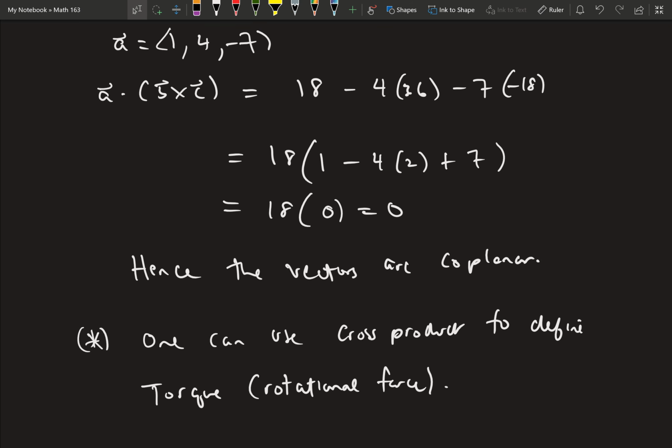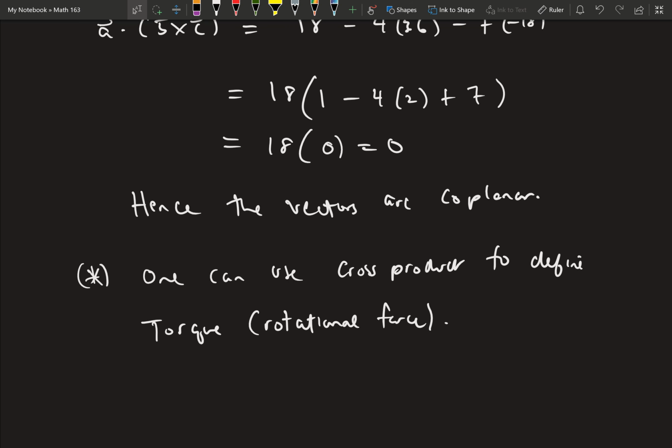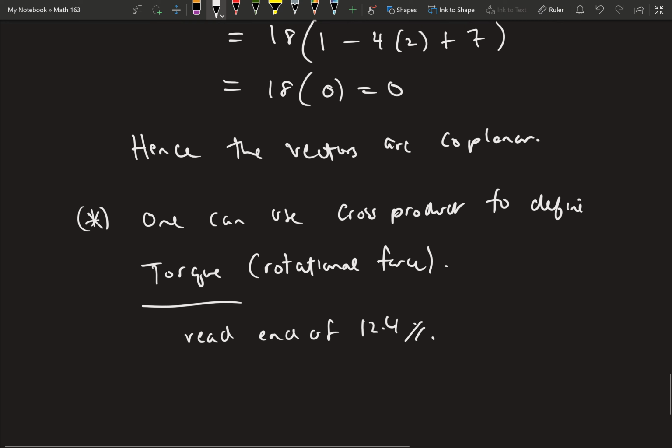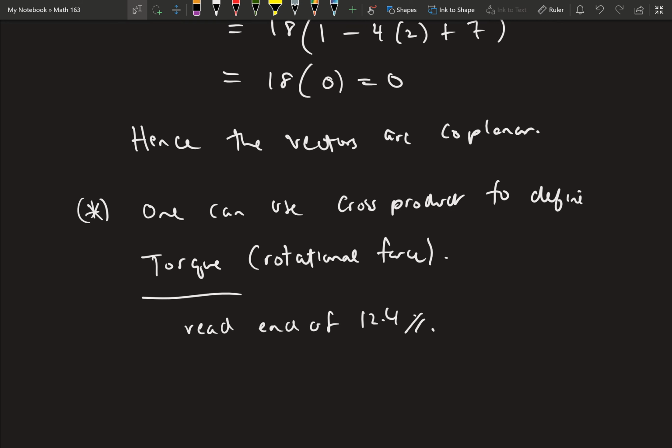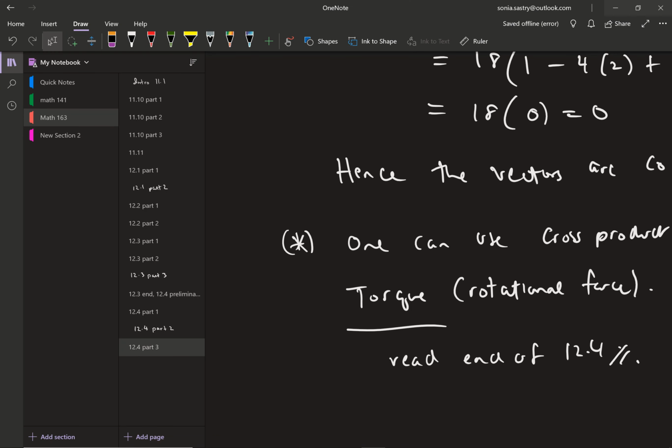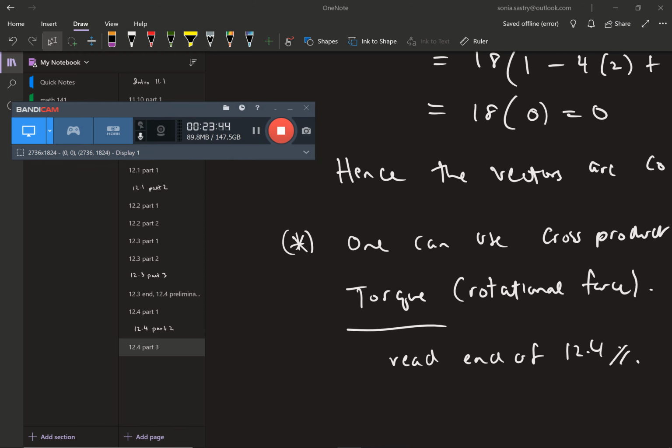Again, if you do physics, you'll definitely see this. I'm going to leave it to you to read. I'm not going to test you on this, but if you'd like to, you can read the end of 12.4, which deals with torque. Okay, that's it for now. We will start 12.5 in the next video.